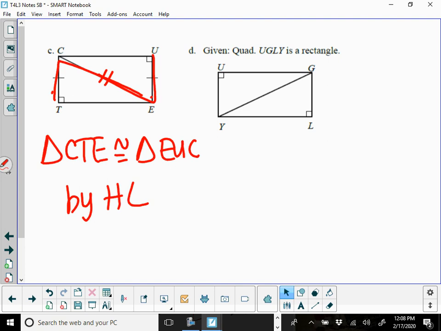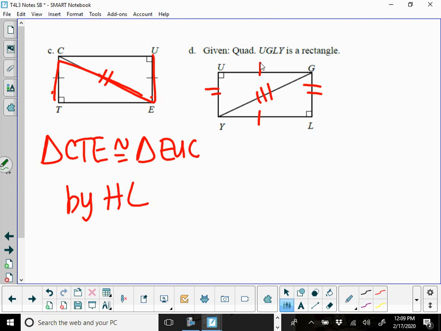All right, so looking at the last one, letter D here. Okay, they're telling you that quadrilateral UGLY is a rectangle. So then you automatically know opposite sides are congruent. And then in here, we've got the reflexive property for that third side. So you should go ahead and label all three of those. Since it's a rectangle, again, we've got these 90-degree angles here.